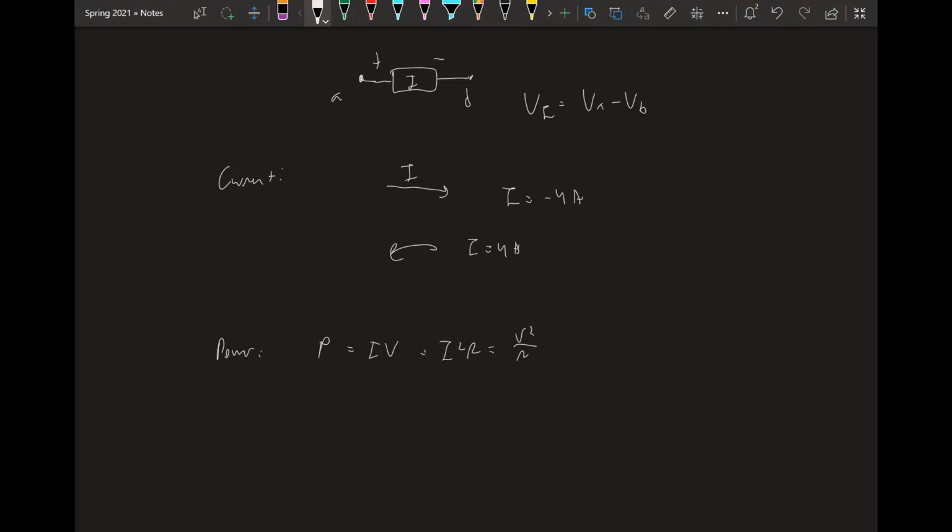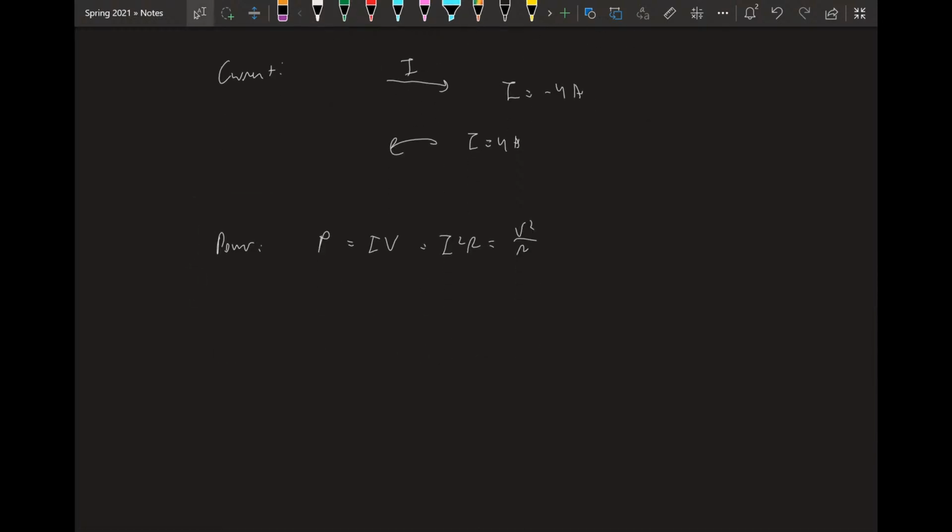convention called the passive sign convention. So there's positive and negative power, but if we have some element, once again, it has positive and negative terminals defined. If current is going into the positive terminal, we call this positive power. It's defined as positive power in this convention.